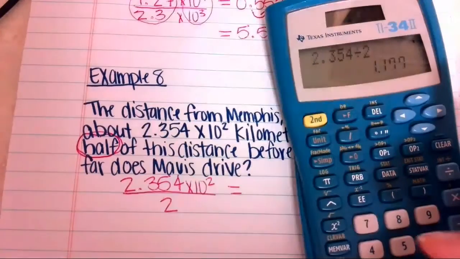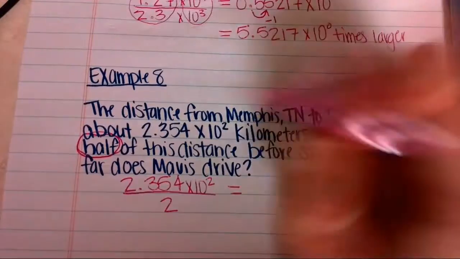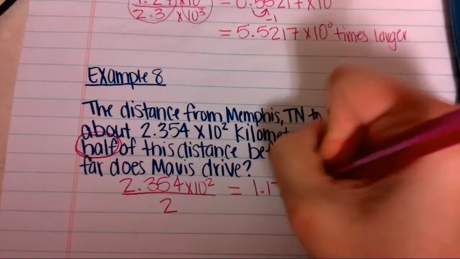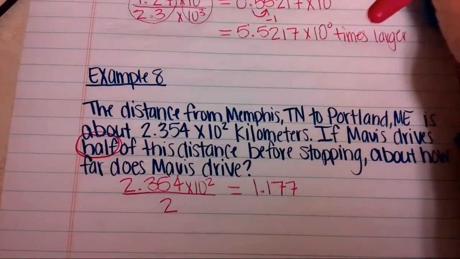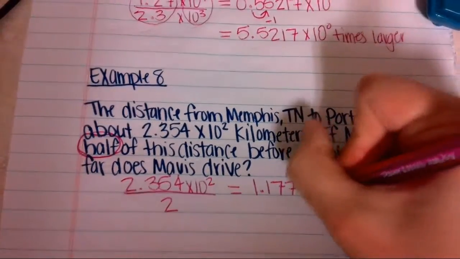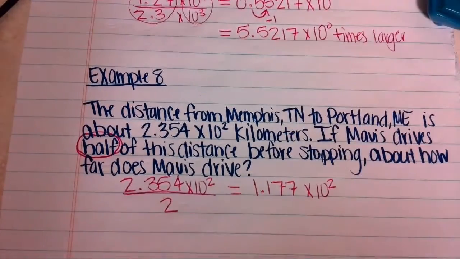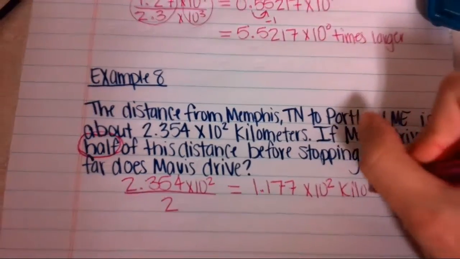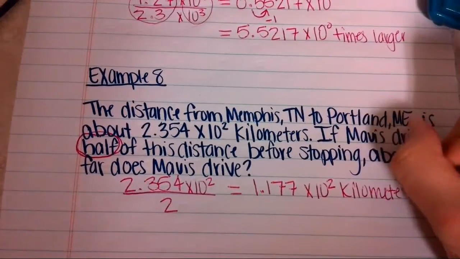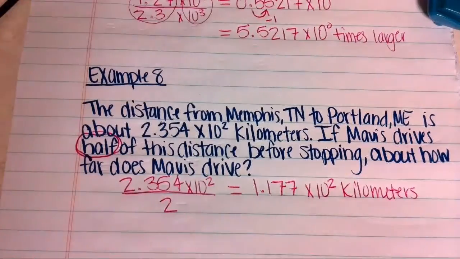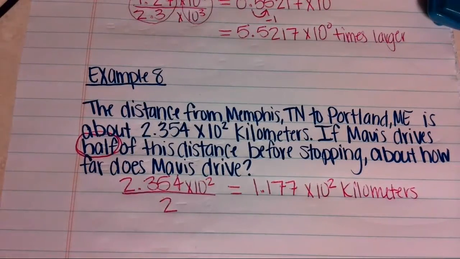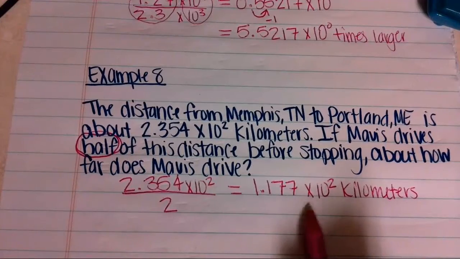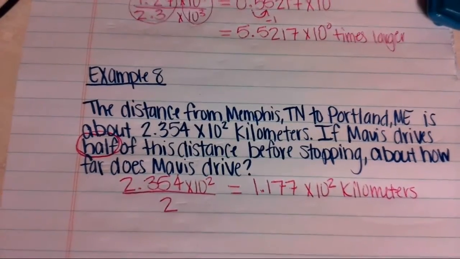And I get 1.177. And then I just need to keep the times 10 squared. My distance here is kilometers. So if Mavis drives half of the distance from Memphis to Portland before stopping, then she would have driven 1.177 times 10 squared kilometers.